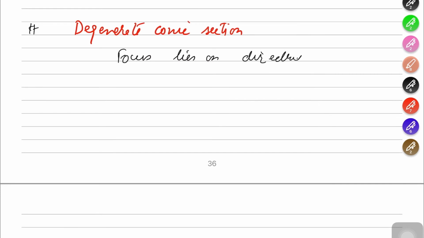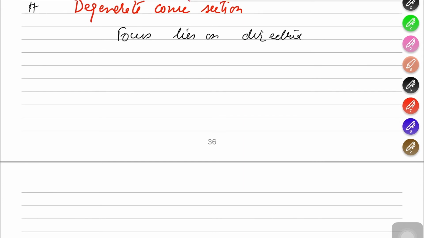So it may happen that this is the directrix and this is the focus, but the focus lies on the directrix. That is the condition: this is the directrix and somewhere on it is the focus.